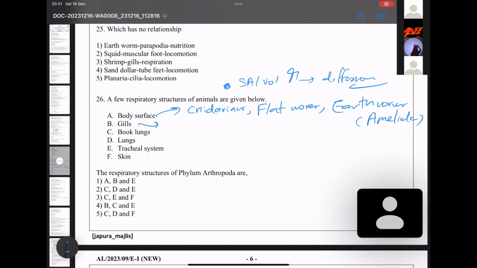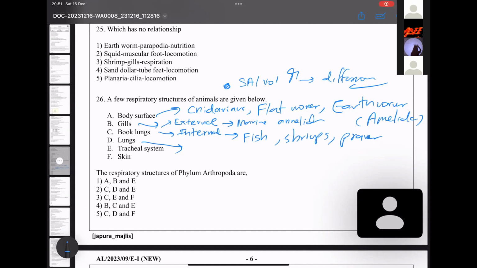Likewise, gills. There are 2 types of gills, external and internal gills. External gills are used by marine animals and marine annelids. And then internal gills, this is directly from theory: fish, shrimps, prawns. And then lungs: obviously mammals, humans like us, reptiles, and birds.